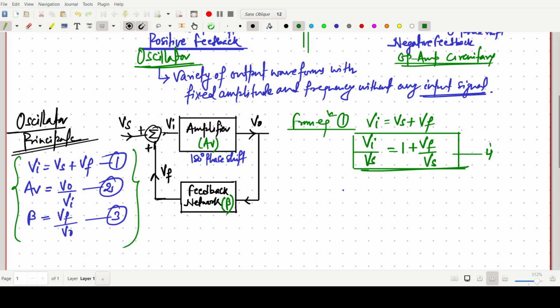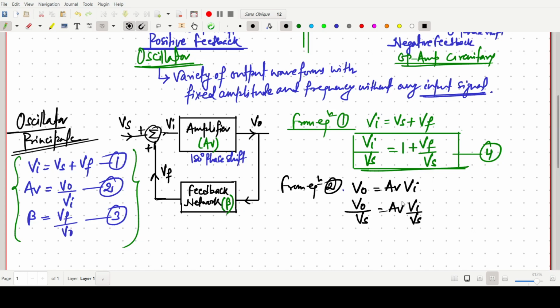Equation number 4. Now from equation 2, V naught equals Av Vi. Now dividing both sides by Vs, one can write V naught by Vs equals Av times Vi by Vs.